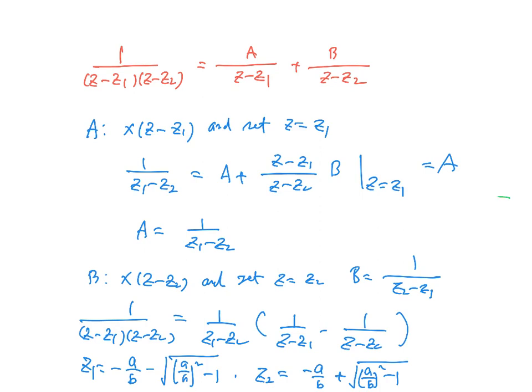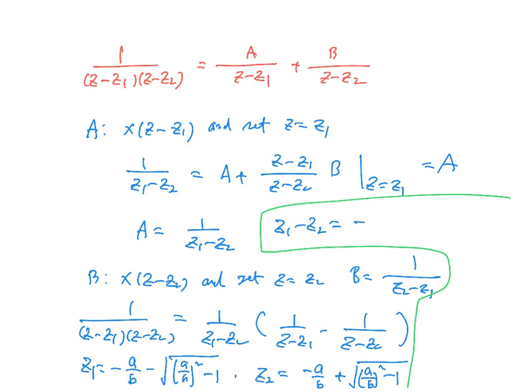So c1 minus c2 is nothing but minus 2 times the square root of (a over b) squared minus 1, right?